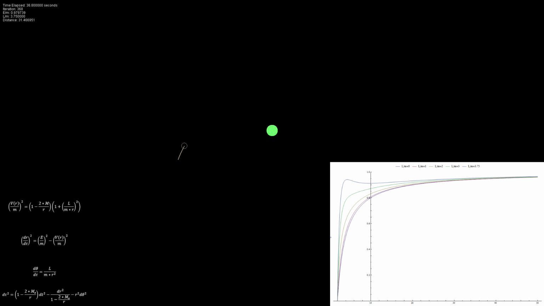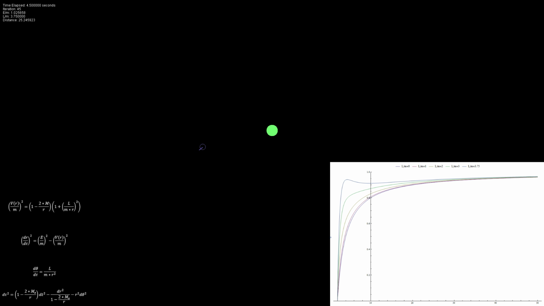If you look over in the bottom left-hand corner, you will see 4 formulas. The very first one is called the effective potential. This tells you basically your potential at any particular point, and this is dependent on your position, the size of the black hole, and the ratio L over m, which is your orbital momentum ratio.